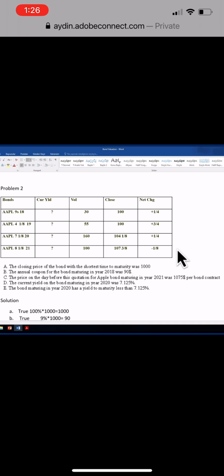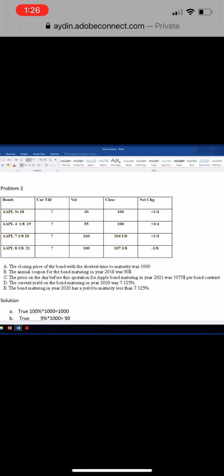Just tell me, which information should I pick up from the table? Which information should I use? The closing price, absolutely correct.